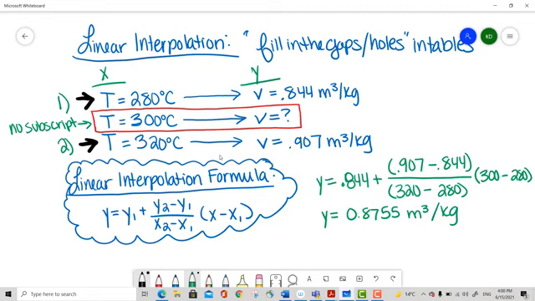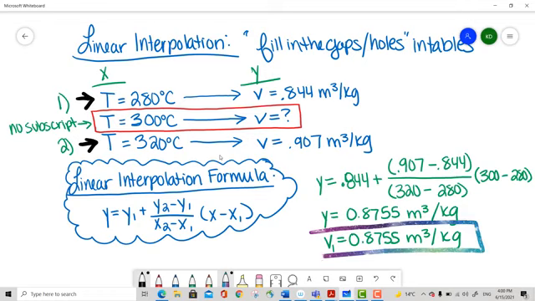Remember that your y, no subscript, is v. So v equals 0.8755 meters cubed per kilogram. You can put a subscript here to denote the state, and we are working on state 1 in this problem, so I'm just going to put a 1. So this is your answer. I hope that helped. Please let me know if I skipped anything or if something was confusing, and I'll be happy to help.